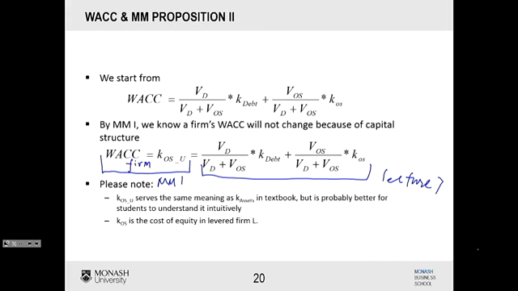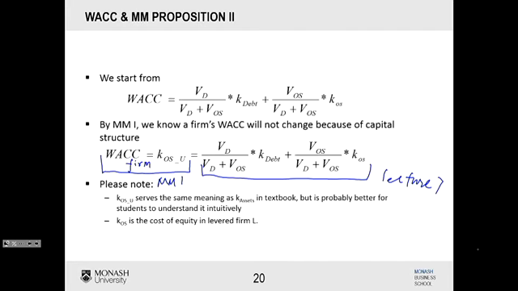We have to differentiate right now: what is the cost of capital for the entire firm, and the cost of equity in a levered or unlevered firm? So cost of equity has different meanings. If it is an unlevered firm, the cost of equity would be equal to the weighted cost of capital of the firm, because it's full equity finance.